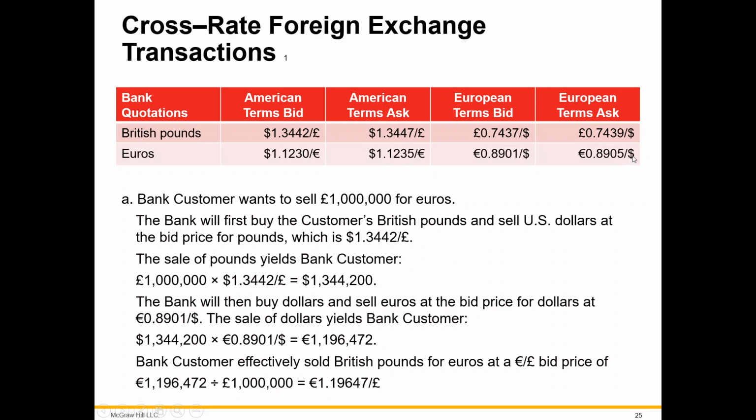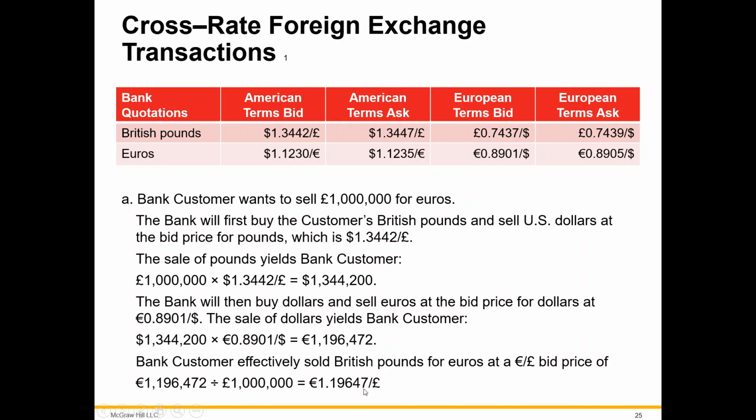To buy them, we would have to pay more dollars, and that means getting fewer euros. So we end up using the smaller number, because that's the one that would get us the fewer euros. Between the two, this is going to get us the smaller amount of euros.